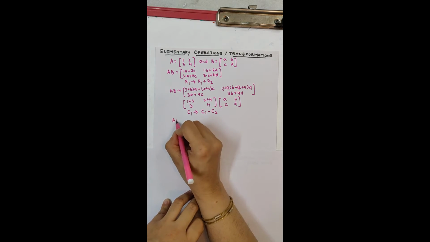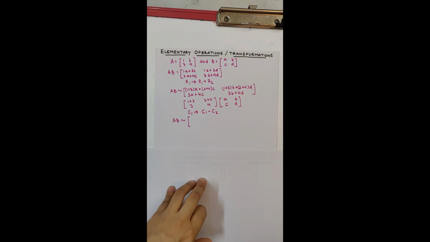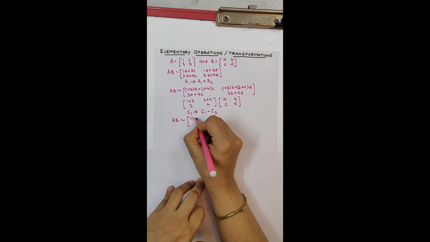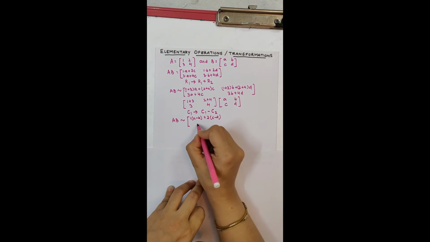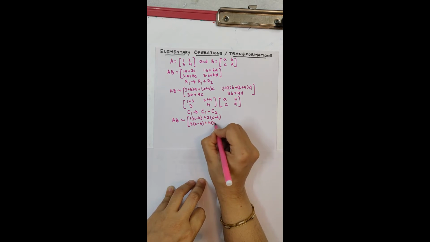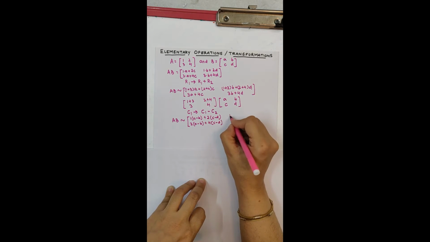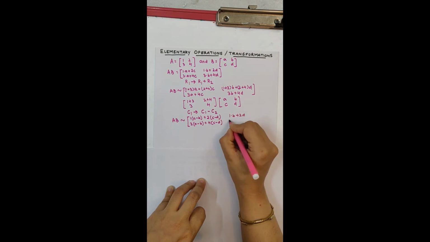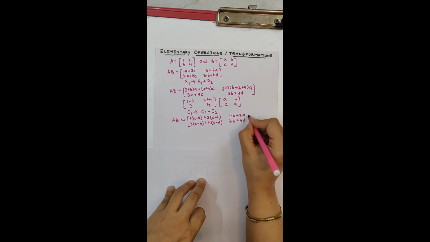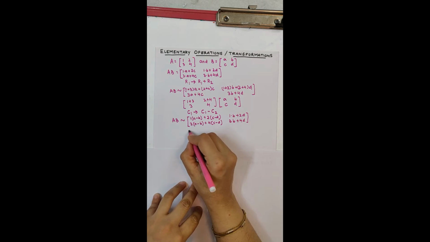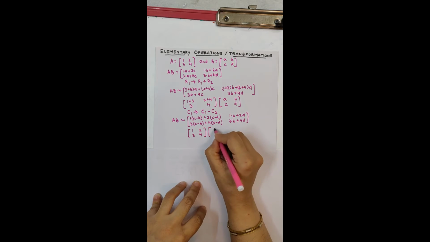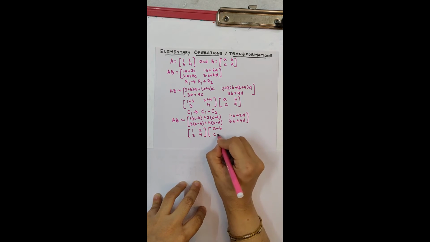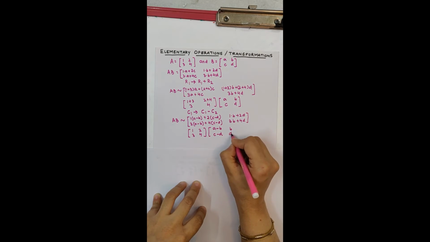Then the matrix AB gets transformed to 1 into (A minus B) plus 2 into (C minus D), and here this entry will be 3 into (A minus B) plus 4 into (C minus D), and the second column remains as it is, 1 into B plus 2 into D, and here it's 3 into B plus 4 into D. So if you look at this matrix, this is nothing but the product of the matrix [1, 2; 3, 4] with the matrix [A minus B, B; C minus D, D].